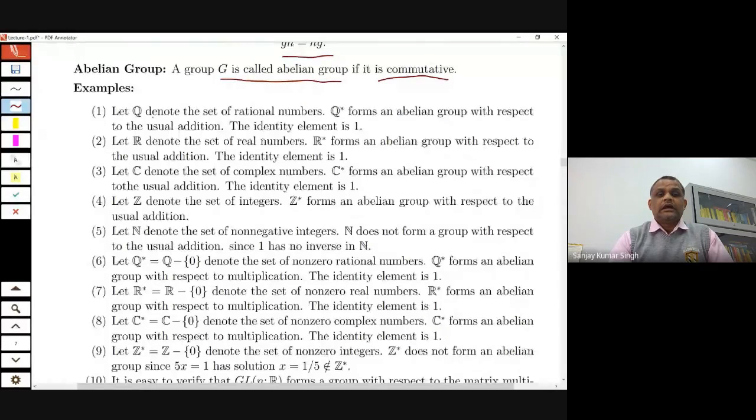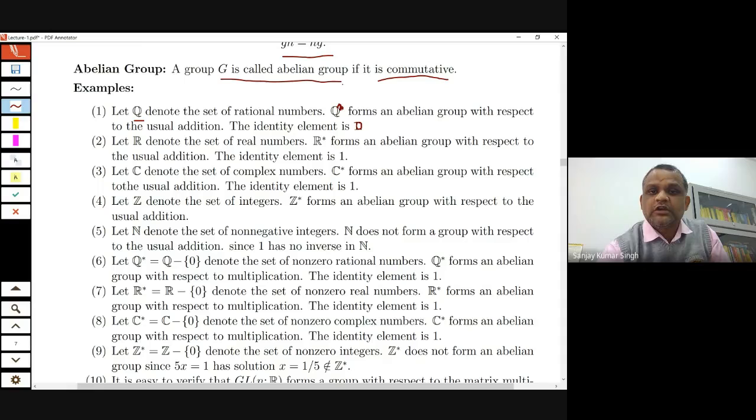So now Q denotes the set of all rational numbers. Then Q star forms an abelian group with respect to, oh sorry, there is a notation typo. So then Q forms an abelian group with respect to the usual addition, and the identity element of this is 0.